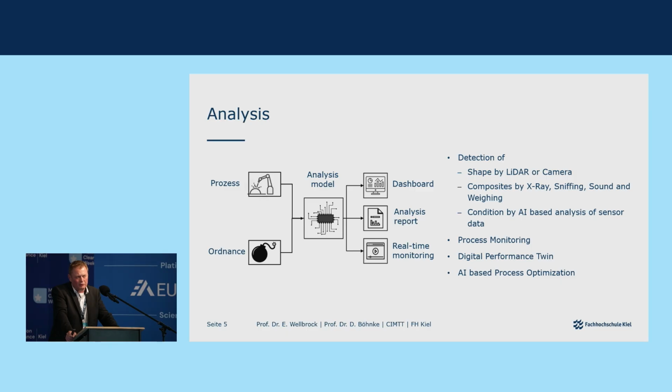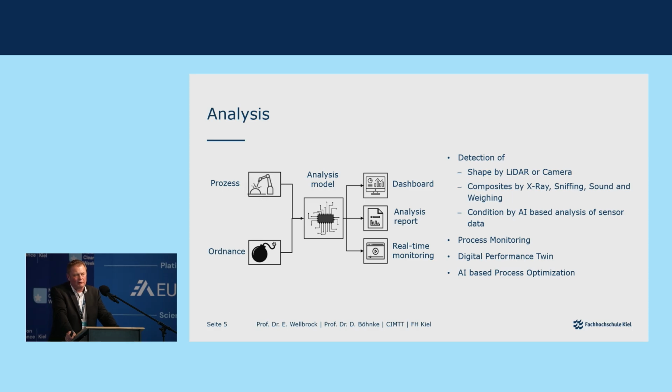If we retrieve the objects onto our platform, we have to do analysis. We have to cut them, and therefore we have to analyze the shape. We have to analyze the condition of the objects, and we want to know what is inside. We know different kinds of detection methods from conventional processes. We all know laser sensors, for example, to get a tessellated object, a shape of these things.